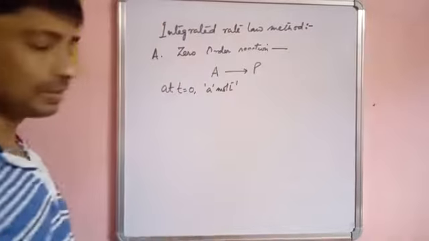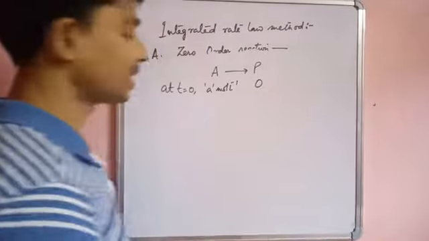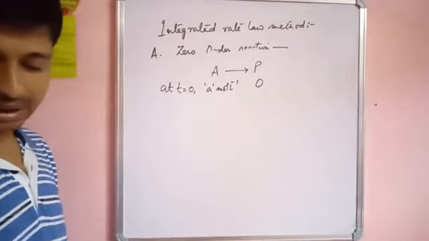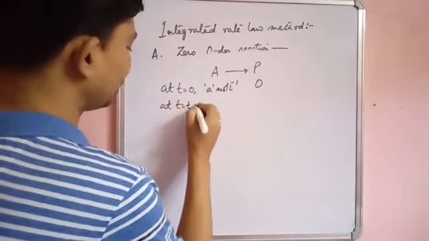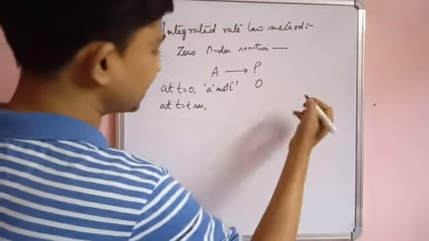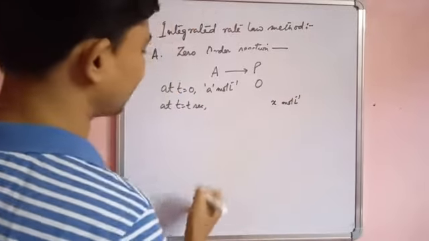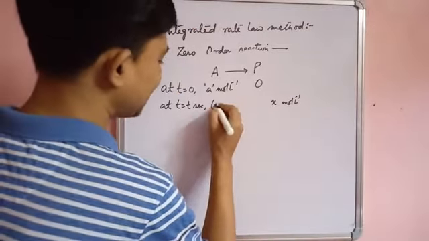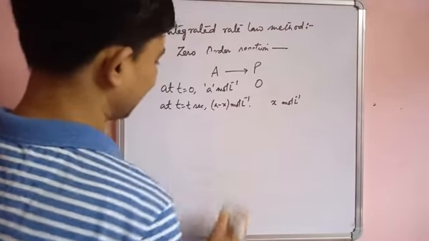And what will be the concentration of P? It will definitely be 0, because the reaction has not yet started. At t equal to t seconds, it is seen that x mole per liter of product has been formed. So the concentration of A is a minus x mole per liter.